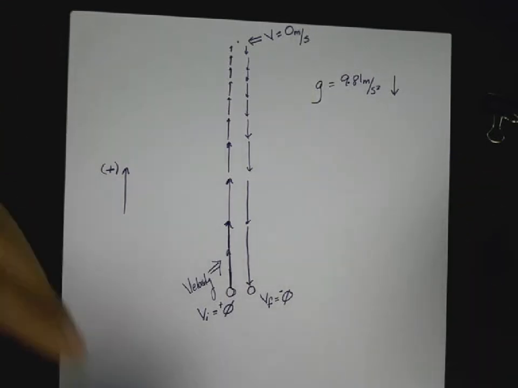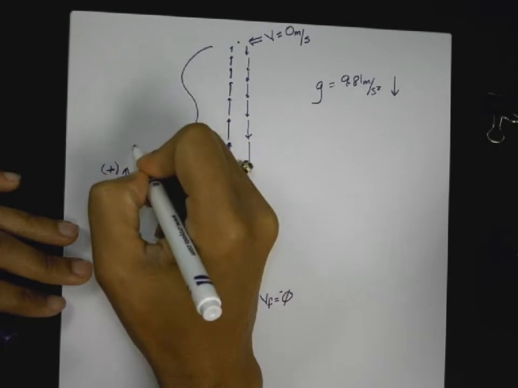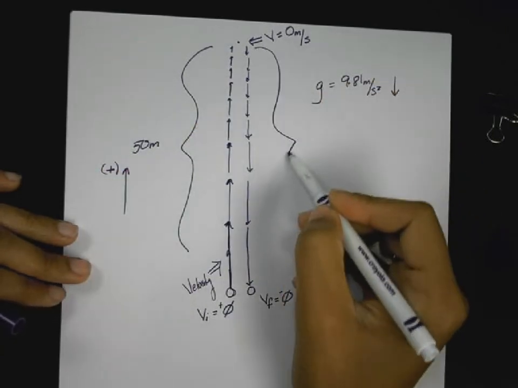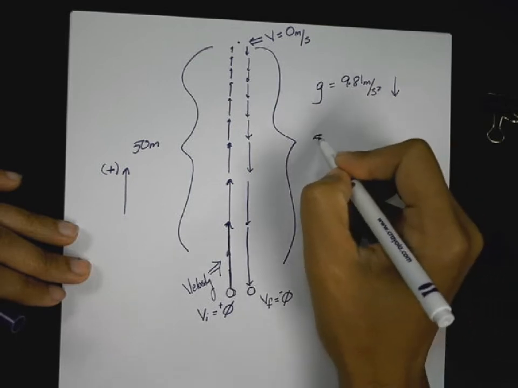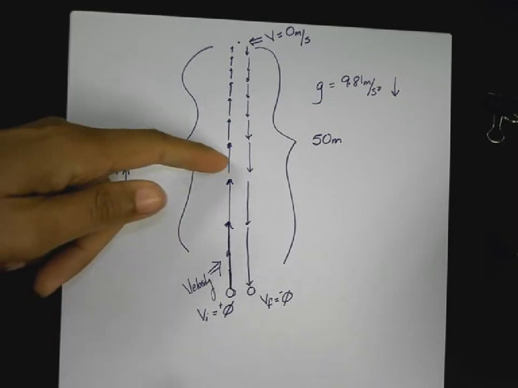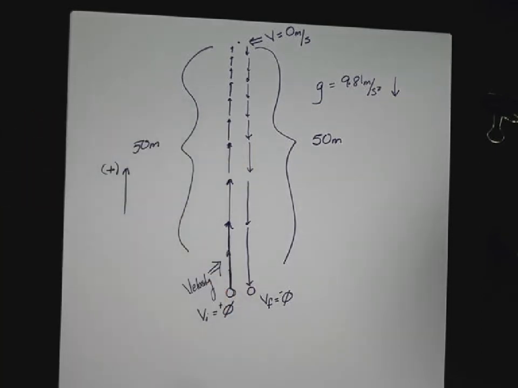Because if you think about it, if I throw the ball up a height of 50 meters, how much does it have to fall back down? Hopefully you said 50 meters. If I throw the ball up and it only goes 25 meters, how much does it have to come back down? 25 meters. So there's some symmetry here, which makes it nice.